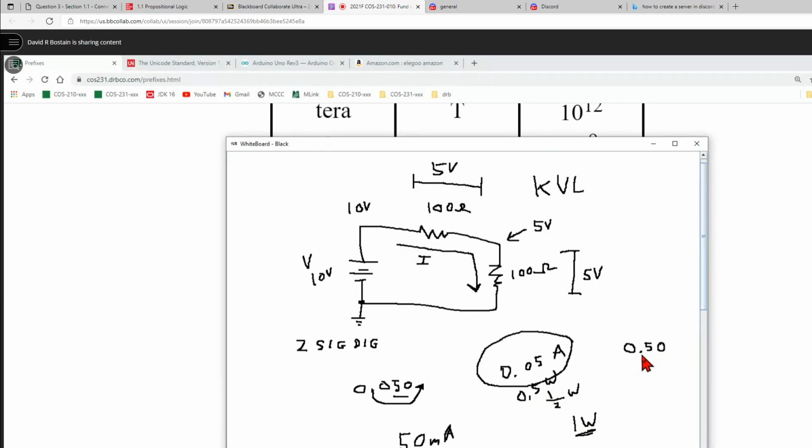Now I need to move this 3 positions to the right in order to get, I might have to move to the left, but in this case to the right. So 3 positions, it would be to here, meaning I had to add another 0. Now I look and I make sure that 1, 2, or 3 of these are significant. Well, 2 of them are, so I'm done. So the answer here is 500 milliwatts.